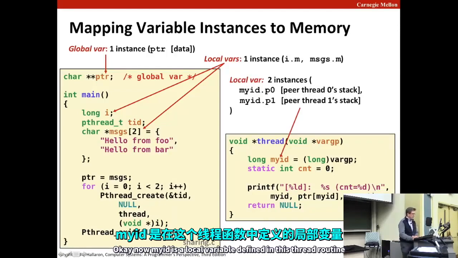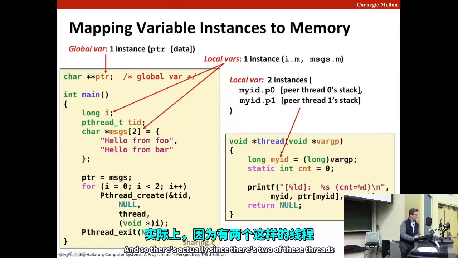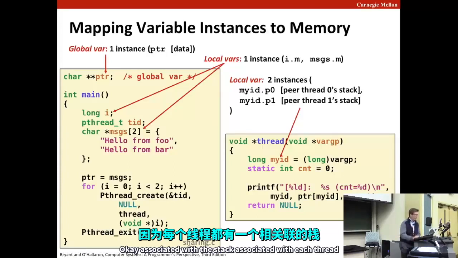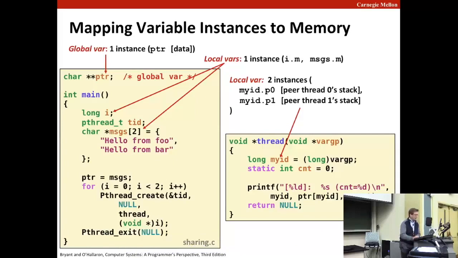Okay, now my ID is a local variable defined in this thread routine. And since there are two of these threads, in memory there are two instances of my ID, one on the stack associated with each thread.